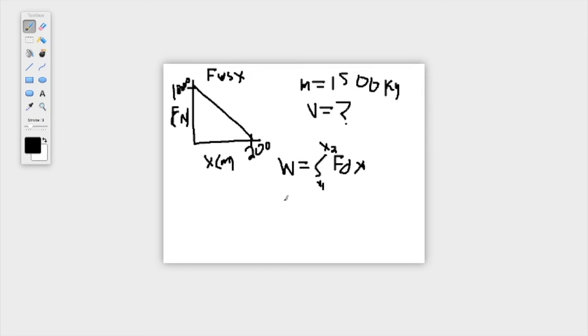But at the same time, work is also the integral of momentum, or just write it as m v times dv. This is from the previous derivation. And this is work net, to be more specific. And that just turns out to be 1/2 m v squared evaluated from v1 to v2.